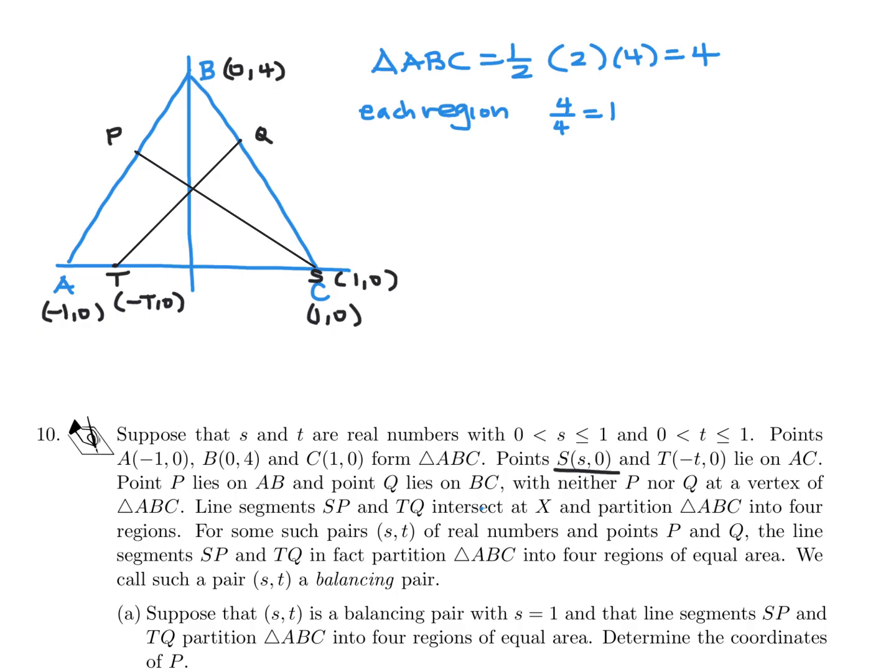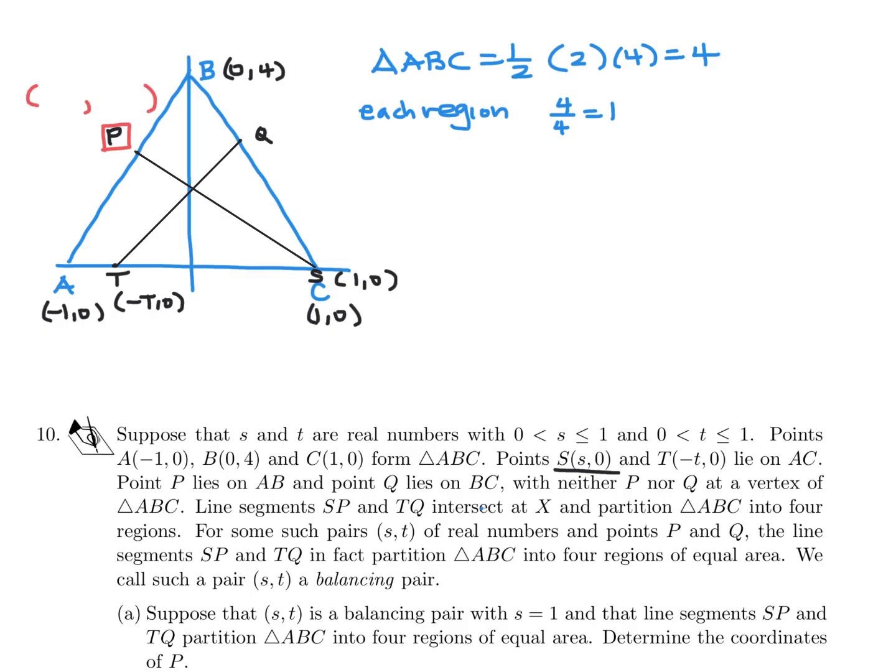Okay. So which region do I want to concentrate on? Something that I could calculate fairly easily. They want me to figure out the coordinates of P. I have no idea what it is actually.